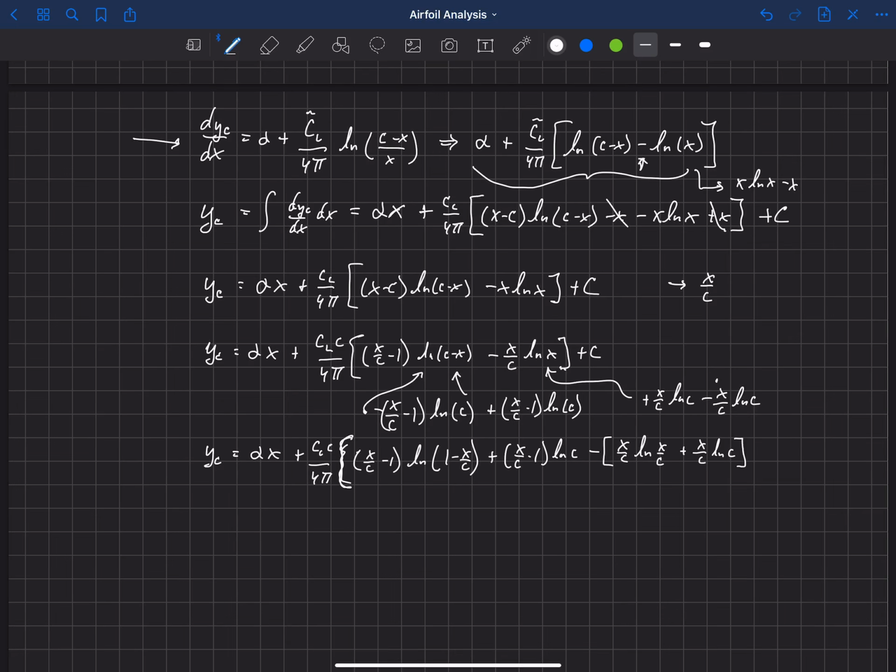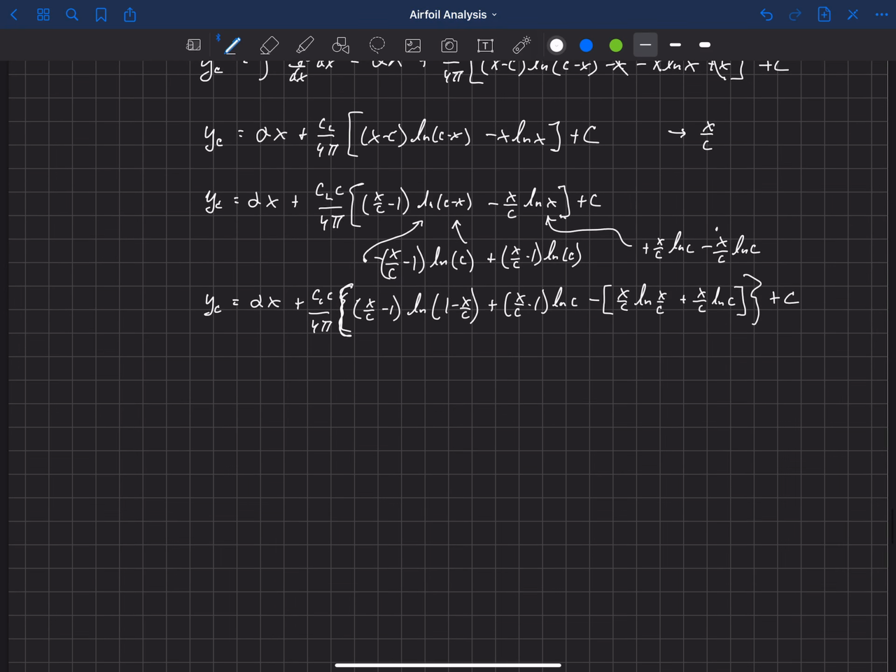Okay, so I think we did that right. We've got our constant of integration out here, and we can keep simplifying this down here. So alpha x plus CLC over 4 pi.